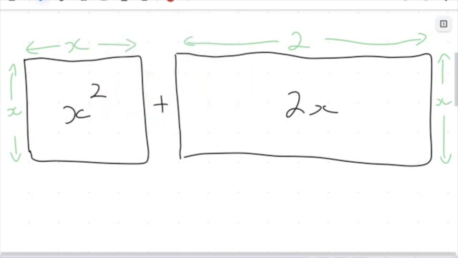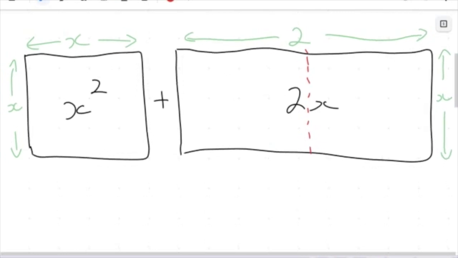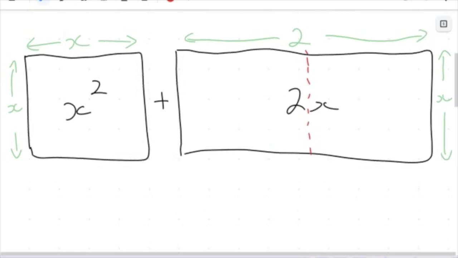Why don't I imagine cutting this particular shape perfectly in half so that I get two new little rectangles here. So if I cut this in half, my dimensions are going to change.